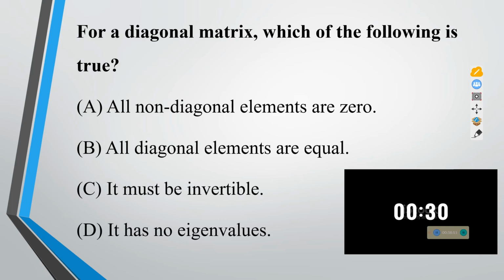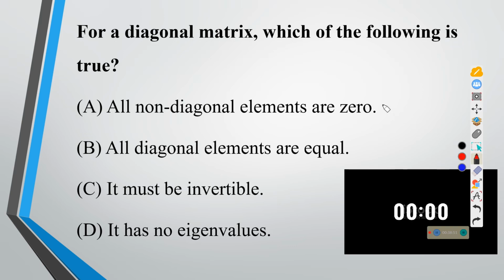So next question, we are looking at a diagonal matrix. This should be easier for you at the moment. We have looked at some of the related questions. For a diagonal matrix, which of the following is true? All non-diagonal elements are 0.